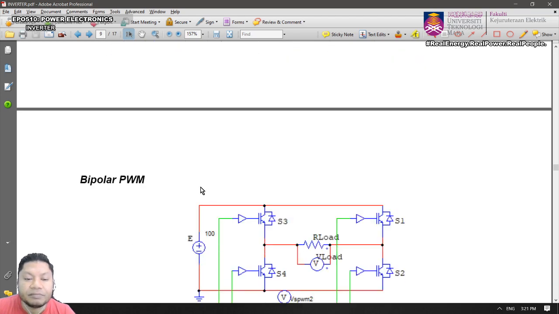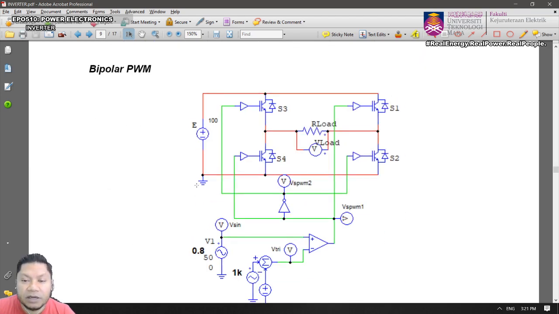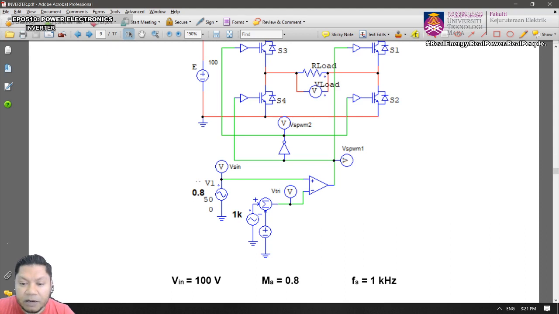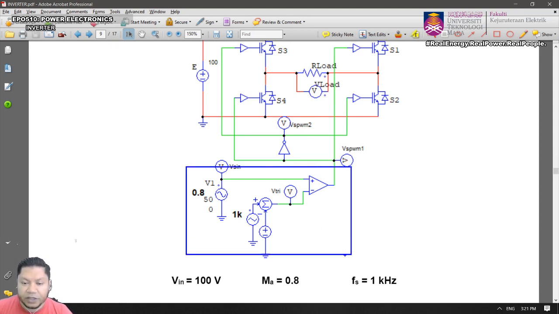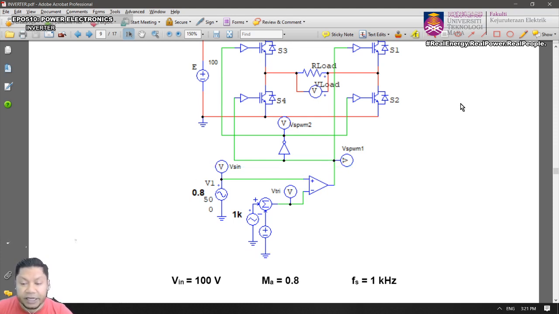Okay, and for bipolar PWM, look closely. For bipolar PWM, you only have one comparator. So what you're going to do is compare the modulating signal with a triangular carrier signal, but now your triangular carrier signal will consist of positive and negative values.